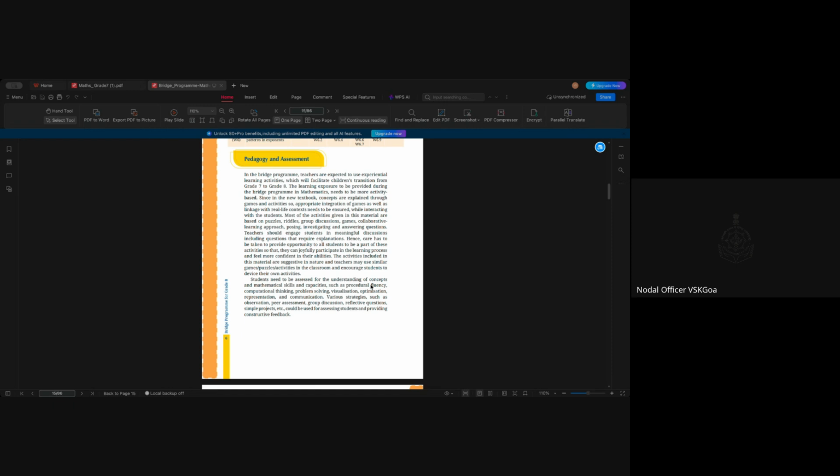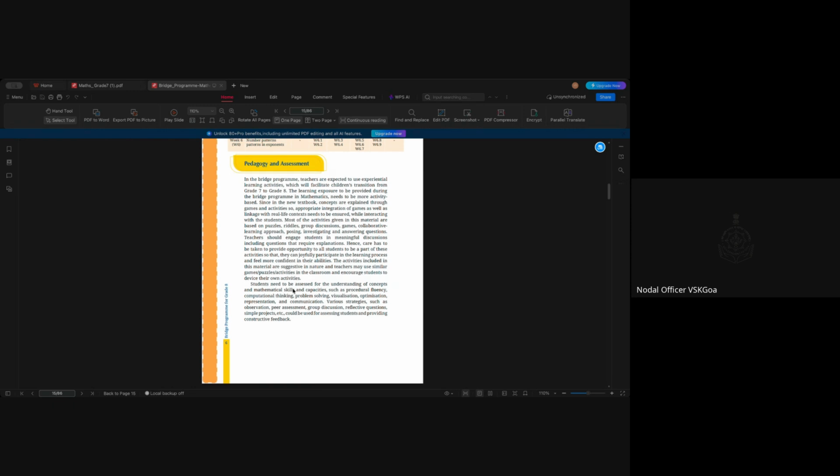The child is supposed to be given some games, puzzles, activities to do in the classroom, and through this, in the collaborative learning approach, by posing some questions to the students, by giving some questions to do investigation, asking some questions to them, the teacher can develop concepts, and through this playway method, the teacher can develop more, and which will be very enjoyable.